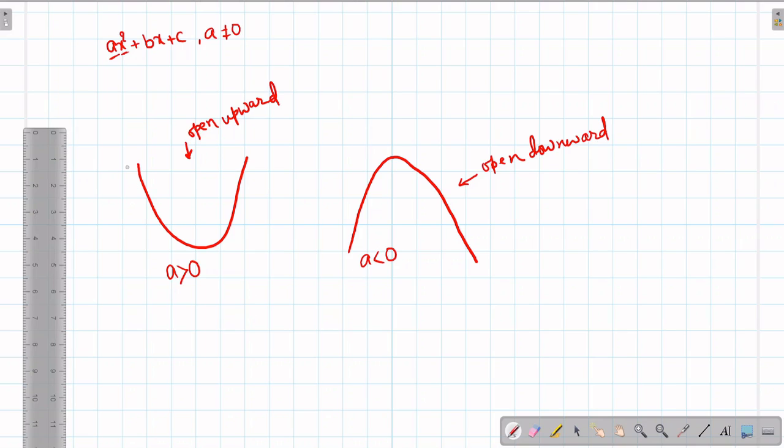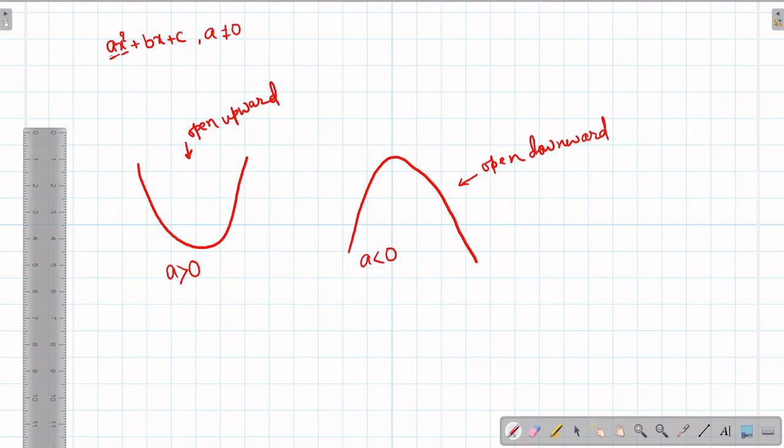So whether a parabola will open upward or downward will be decided by the coefficient of x square. If the coefficient of x square is positive, then the graph will look like this.